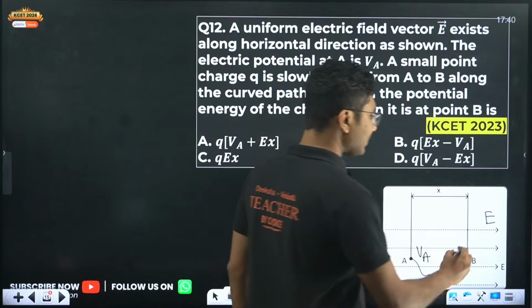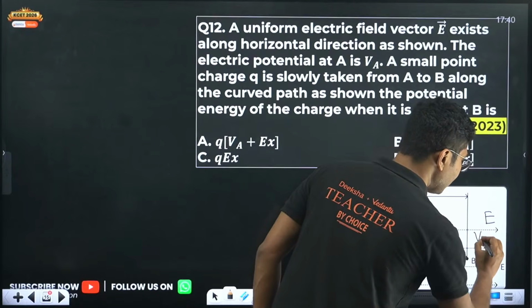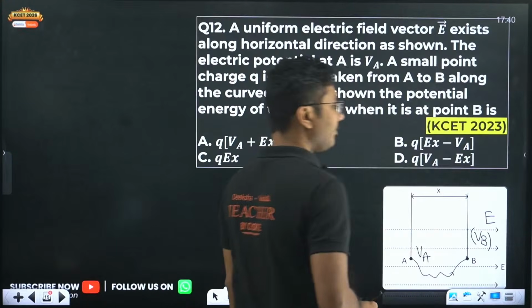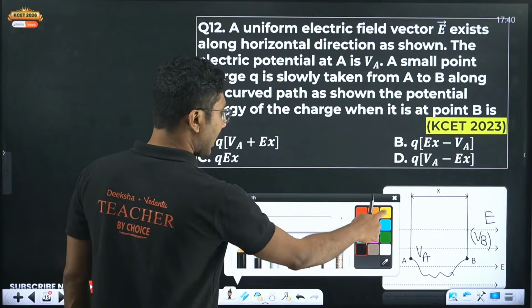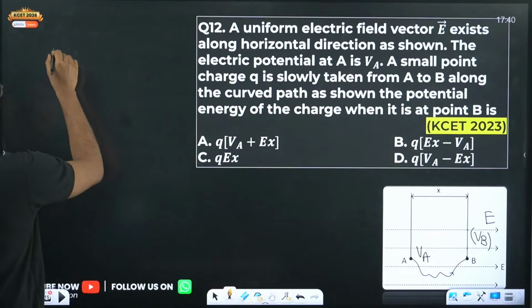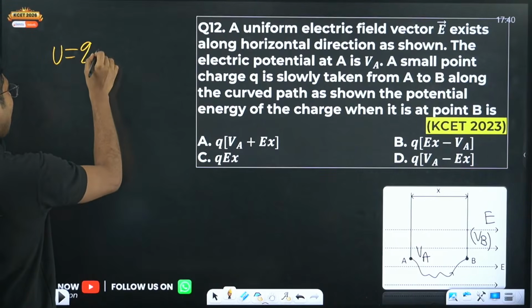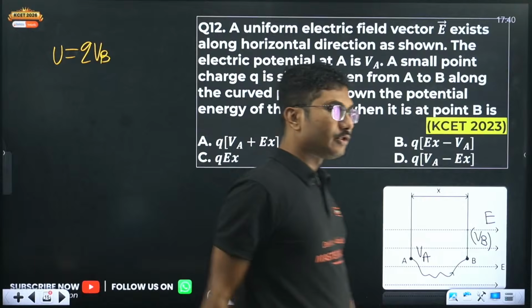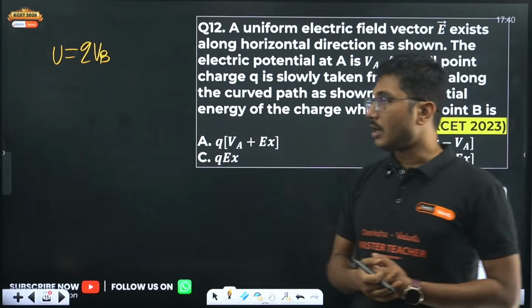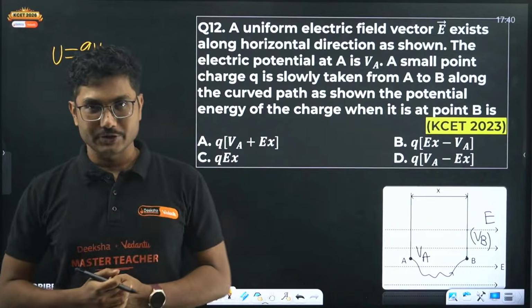If you can somehow find the potential at this point, we know that the energy of a charge is charge into the potential at that point. Charge into potential is the electric potential energy of a charge.